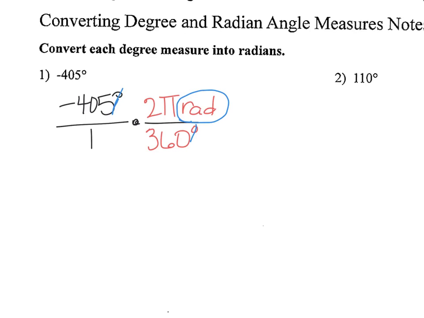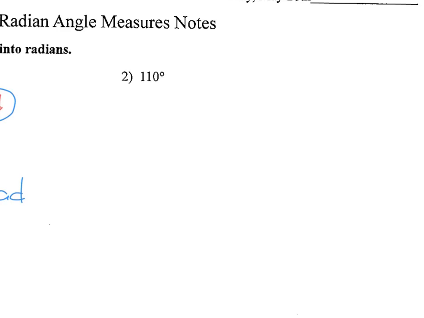That fraction that you're left with is negative 9/4. And the pi that I told you to leave alone and ignore gets popped onto the end of it. Negative 9/4 pi radians.